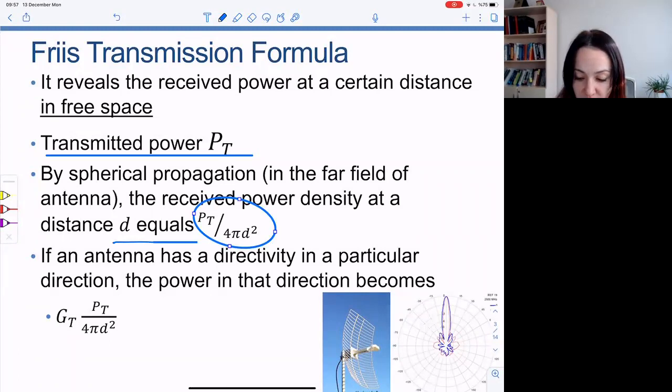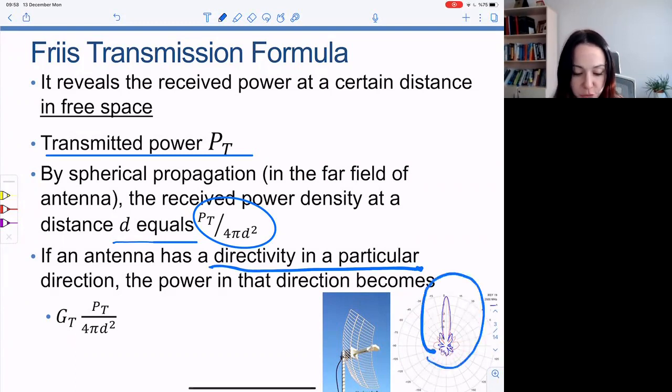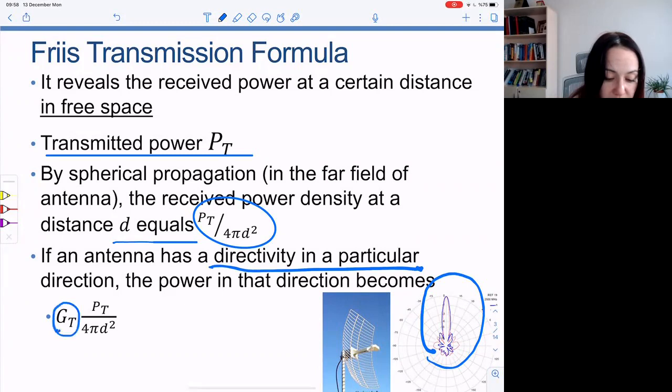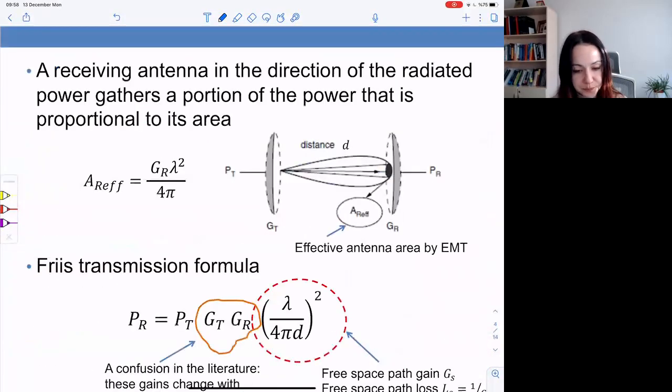If an antenna has directivity in a particular direction such that it creates a beam, like in this picture, we are going to see a gain, an antenna gain. This is called the transmit antenna gain. It depends on the frequency, on the construction of the antenna, on the antenna geometry, and on many other factors.